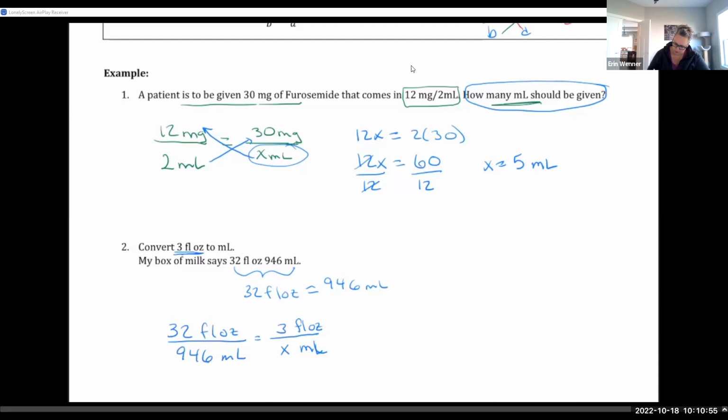So cross multiplying, we're going to do X times 30. No, sorry, not 30, but 32. Misspoke. Equals 946 times 3.